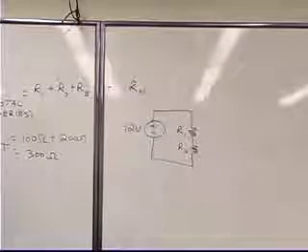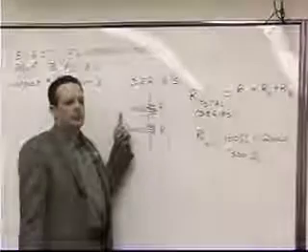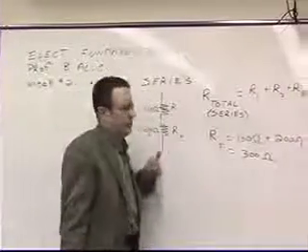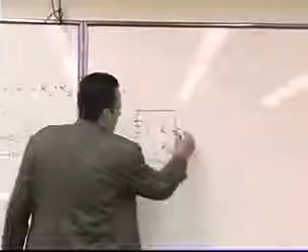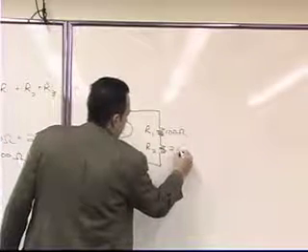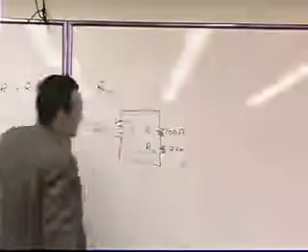Resistor 1 had a value of 100 ohms. Resistor 2 had a value of 200 ohms. Okay, so resistor 1 is 100 ohms. Resistor 2 is 200 ohms. Okay?